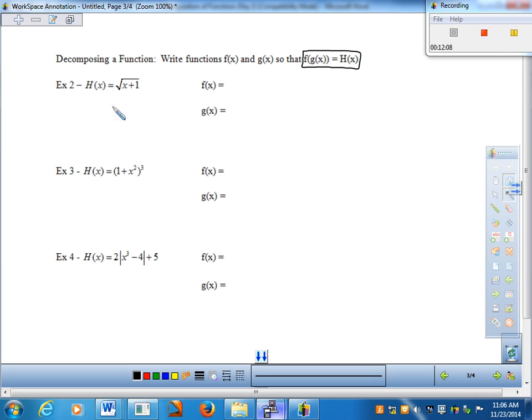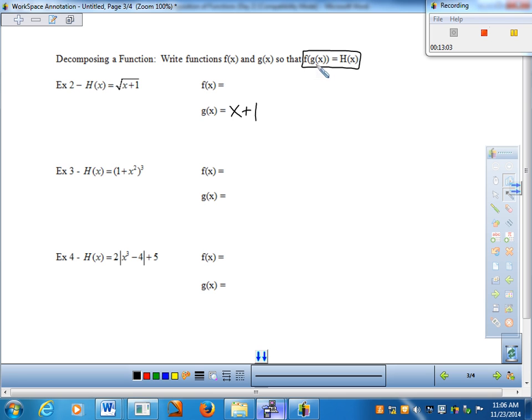Now I see one that's fairly obvious, at least to me. Maybe one secondarily, but I think I see this. If you look at this, isn't this part of it, x plus 1, kind of a function by itself? This would be a function within the larger function right up here. So that, guys, is going to be our g of x.